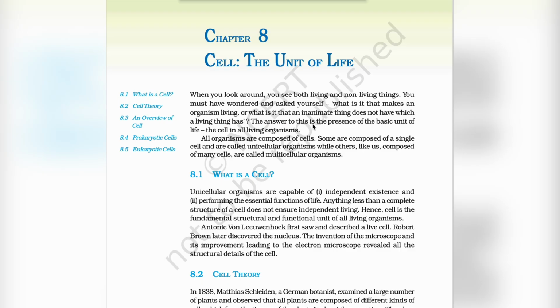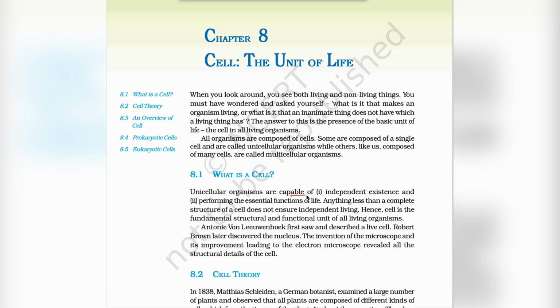The answer to this is the presence of the basic unit of life, the cell, in all living organisms. All organisms are composed of cells. Some are composed of a single cell and are called unicellular organisms, while others, like us, composed of many cells, are called multicellular organisms. What is a cell?